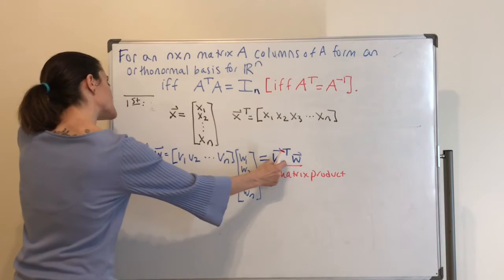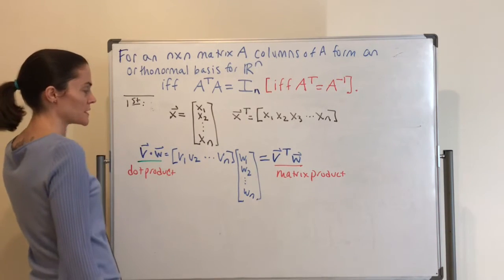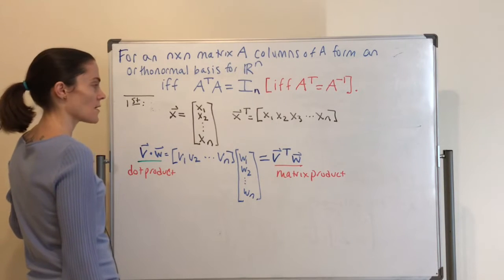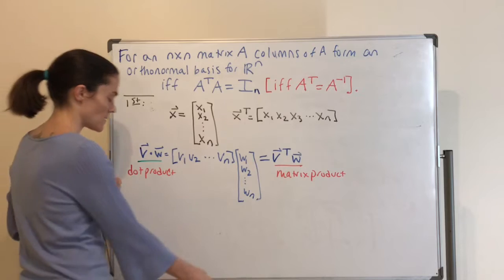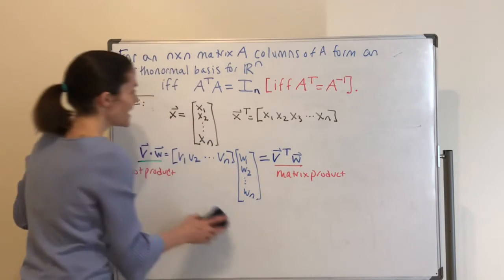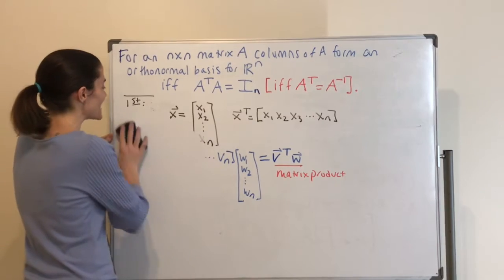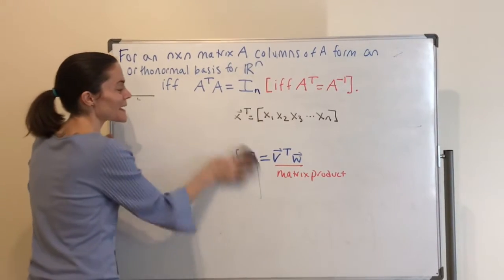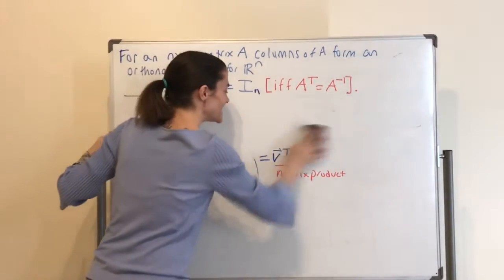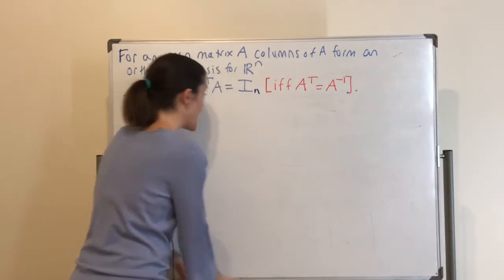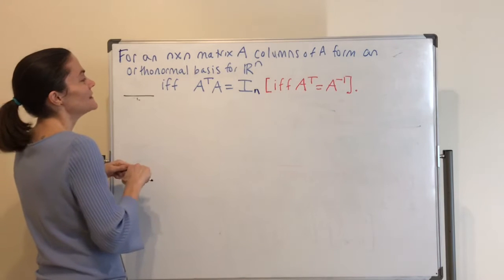And thinking about it like this is actually going to be quite important for some things that we do. But I wanted to make that comment before I get into this. Now I'm going to erase, because I want to talk about this matrix A. This was my side comment about the dot product, because it was important. But now back to this.